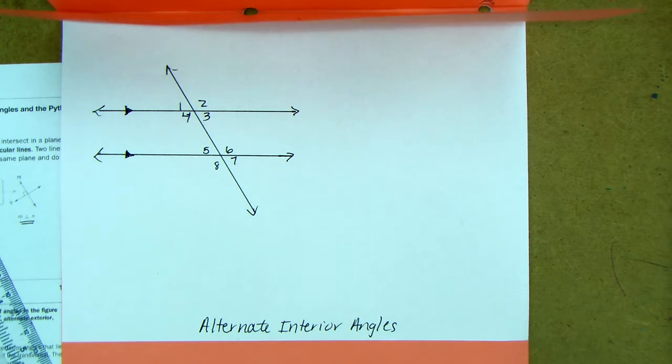Now, alternate interior, let's think about what that means. Interior obviously means I am talking about inside angles, and this is a pair.